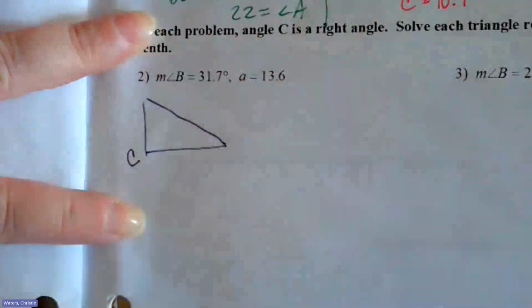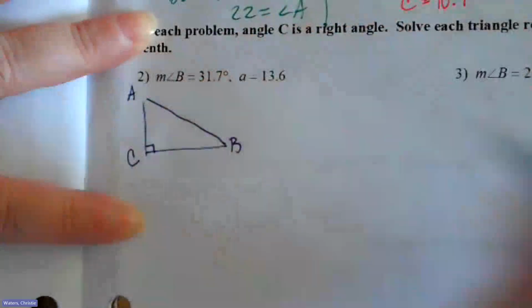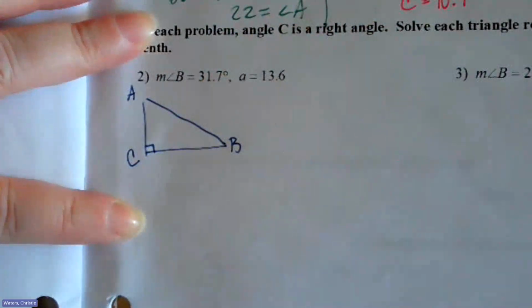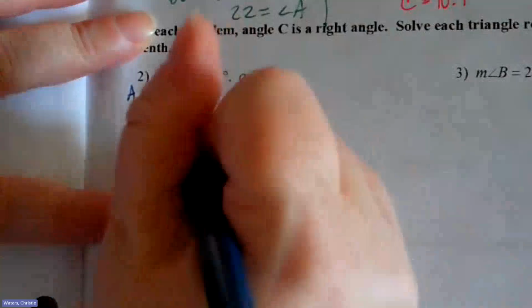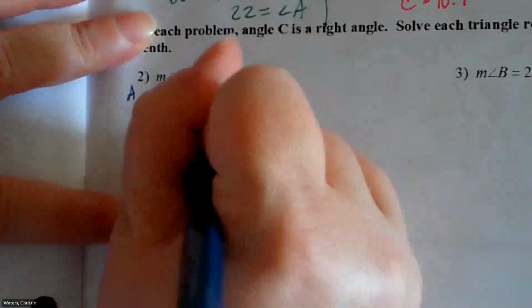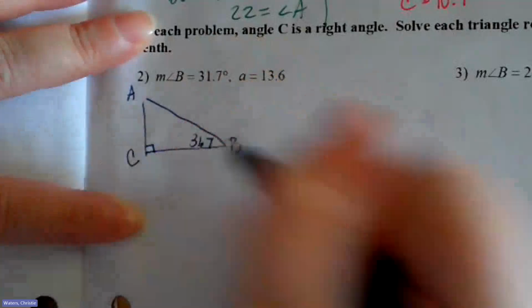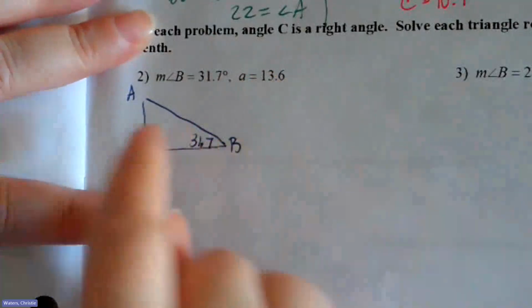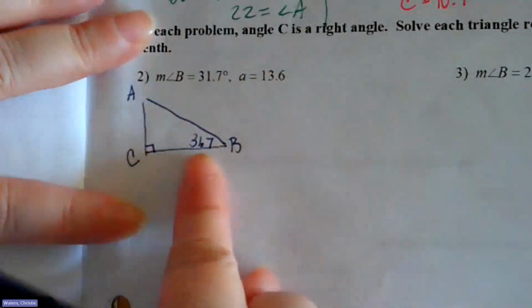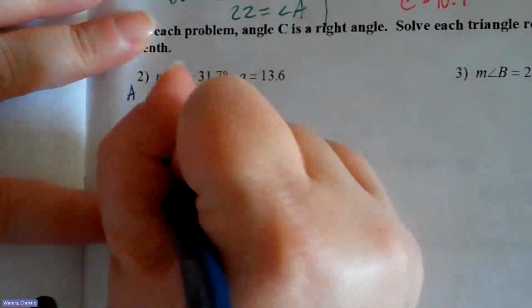So they said C is a right angle. So we'll label this A, this B. So let's see here. Angle B is 31.7. Notice that I'm labeling angles inside the triangles and then sides get labeled outside the triangle. So side A is opposite angle A, and that's 13.6.